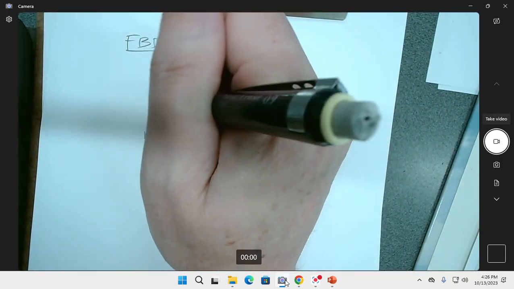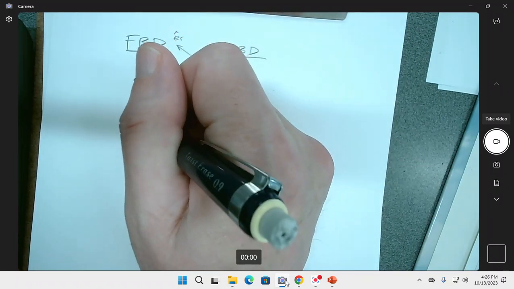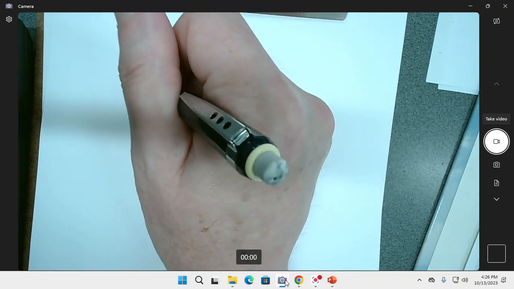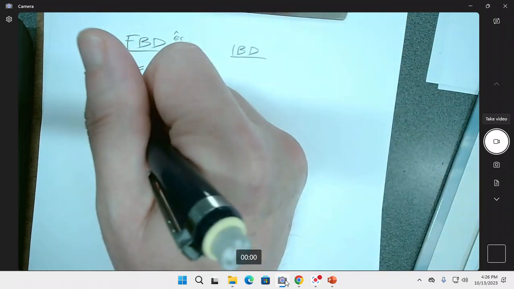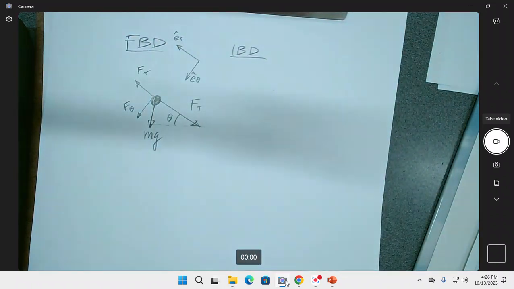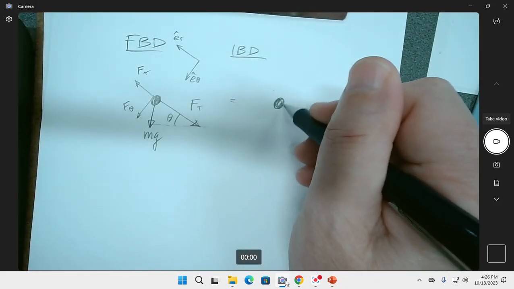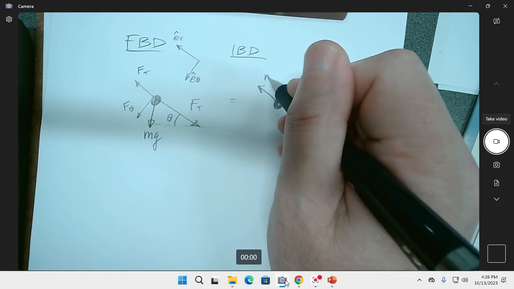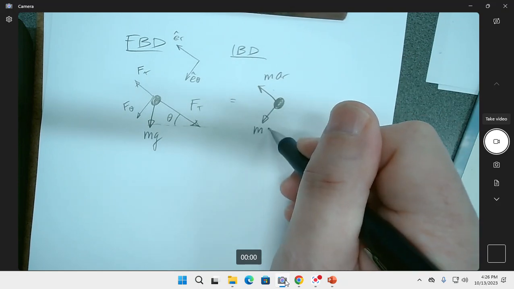Now you're going to have unknown coordinates right here, F R and F theta, and then you equal that over to the accelerations, which are going to be M A R and M A theta.